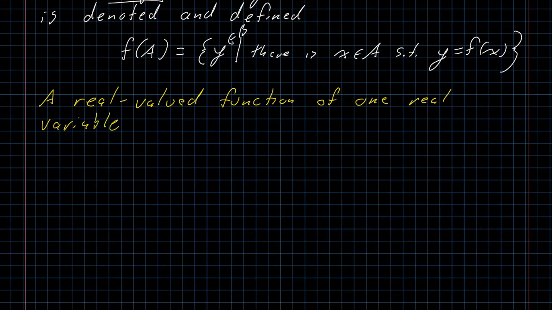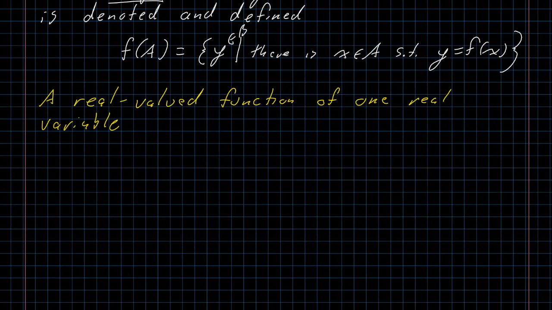Because I want to specify whenever I am talking about a function that we want a real valued function of one real variable. In this course, those are the only functions we're going to deal with. For those of you who continue onward into Calc 3, you start dealing with functions that are looking at other places.